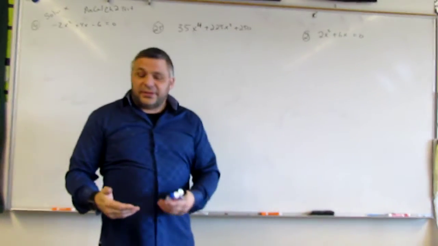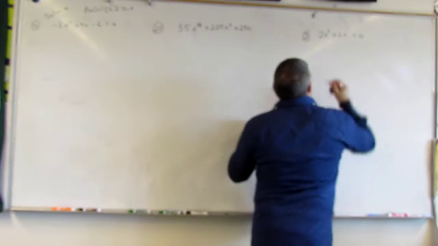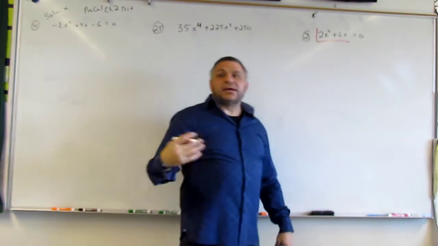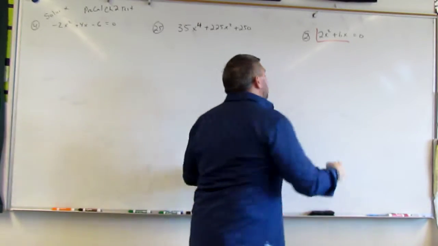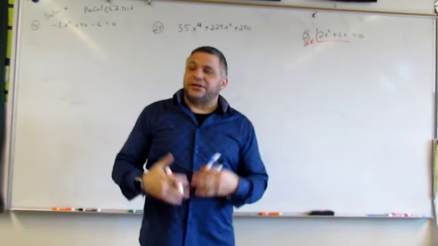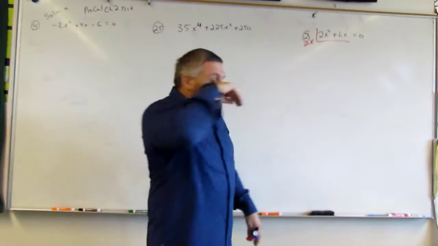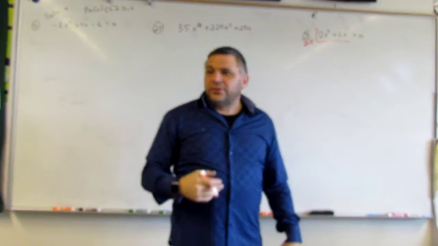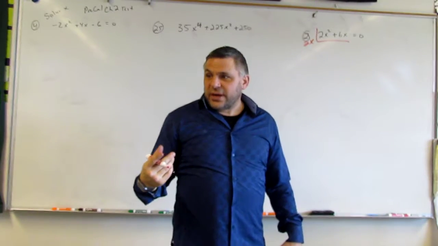I can factor this. Does anybody see anything in common between these two numbers? X, yeah. Anything else? 2, yeah. So I can take out a 2x. And if I divide out a 2x, what's left? So 2 goes into 2 once, right?